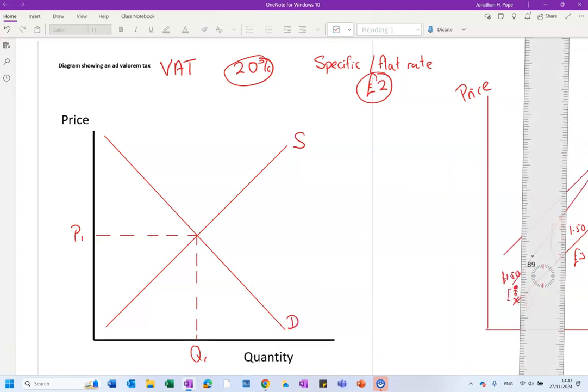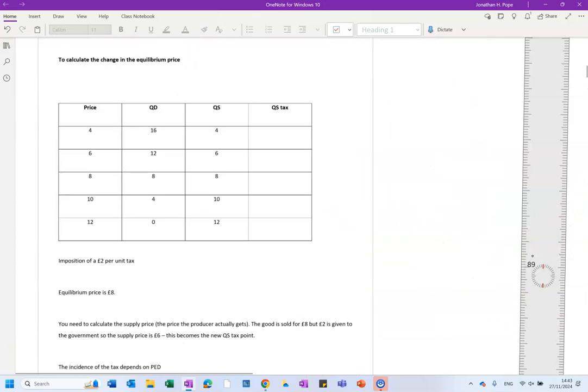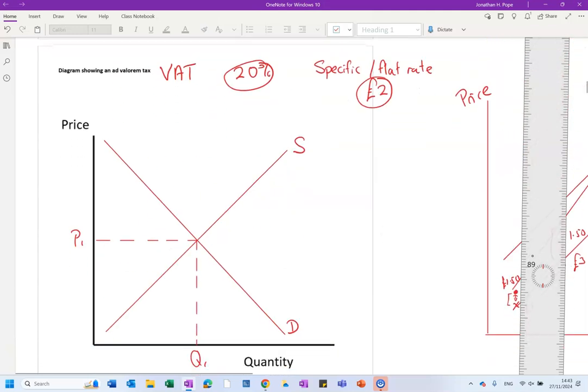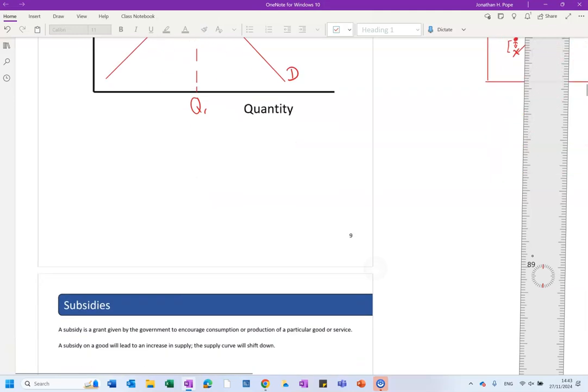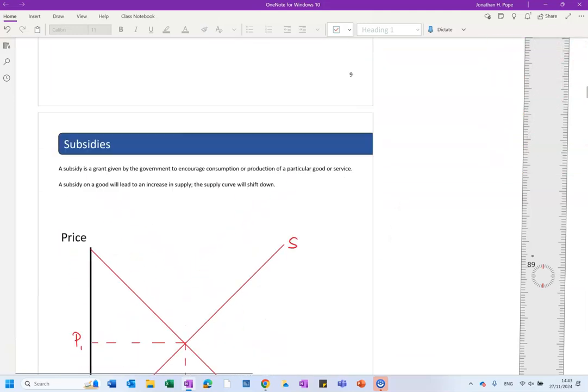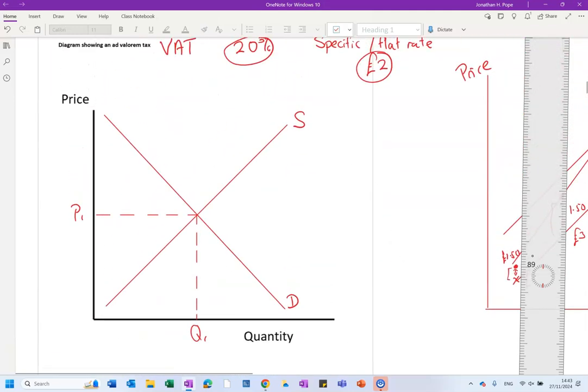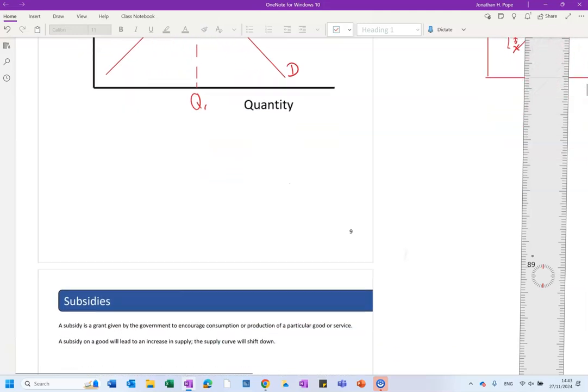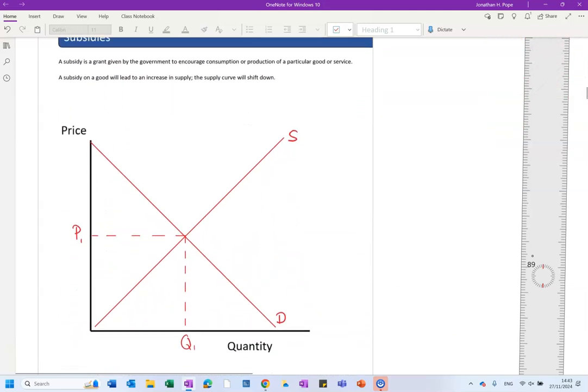And really you're just doing exactly the same thing as you did above here. You're adding that on, and we will go through that in class. Next thing are subsidies. So once you've done that and you've completed the diagram, make sure that you have P2, P2 minus tax, you have the government tax revenue area, all of those things there. It's all complete. Then we're going to be going on to subsidies.